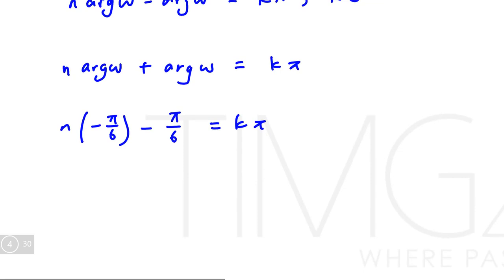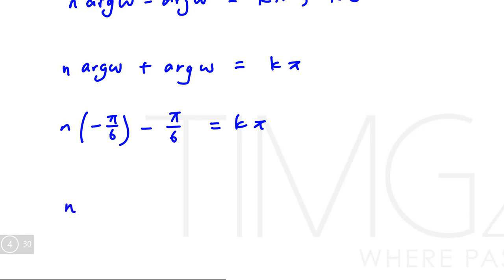You want n, right? So multiply by 6 throughout, or minus 6 throughout, and divide by minus pi. Okay, never mind, I'll just slowly do it.